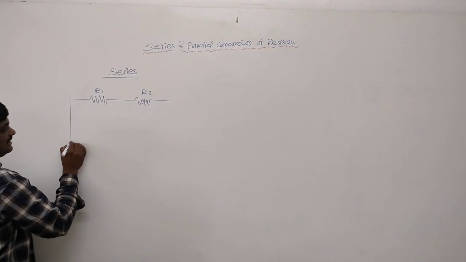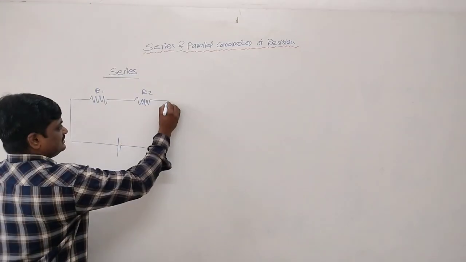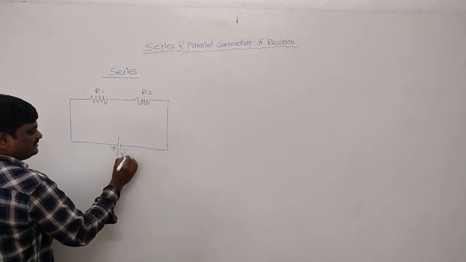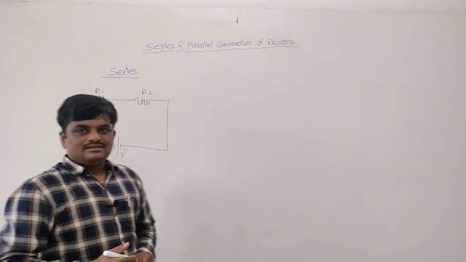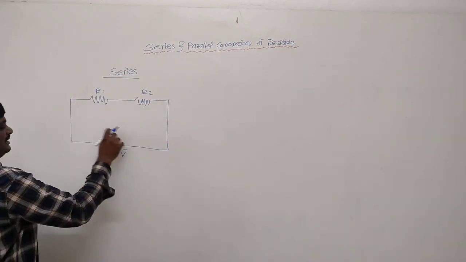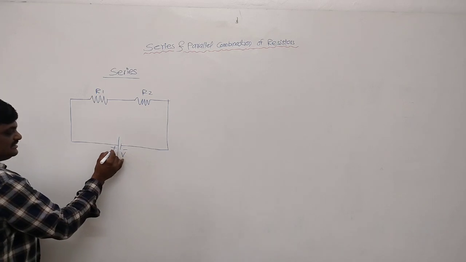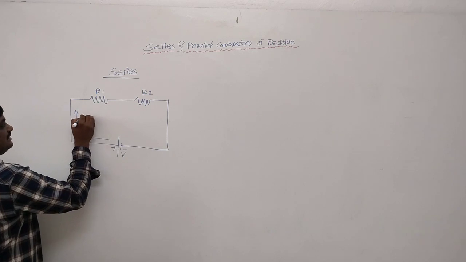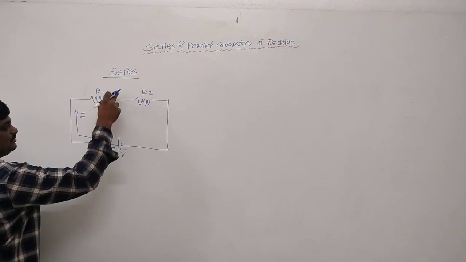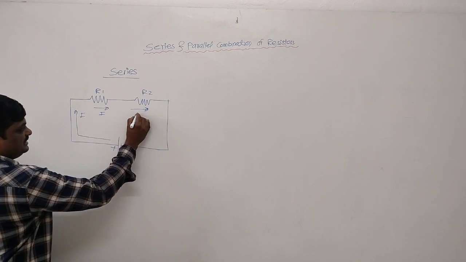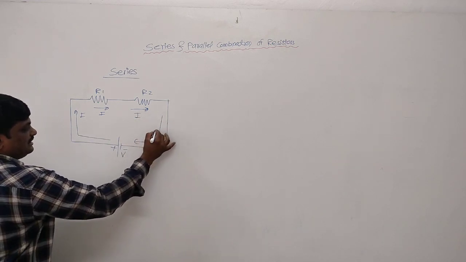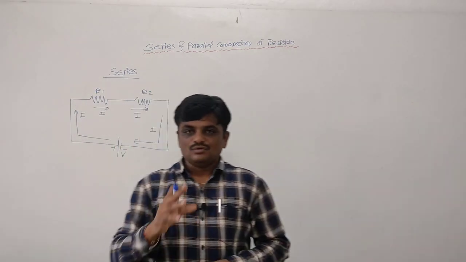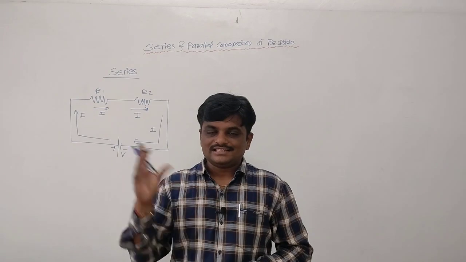And they are connected across a DC supply which is having the total voltage V. Here the current starting from the positive terminal of this supply will flow through R1 as there is no other path for the flow of current. So the same current will flow through R2 and it will complete the path. That is why the same current is flowing through both the resistors, hence they are connected in series.